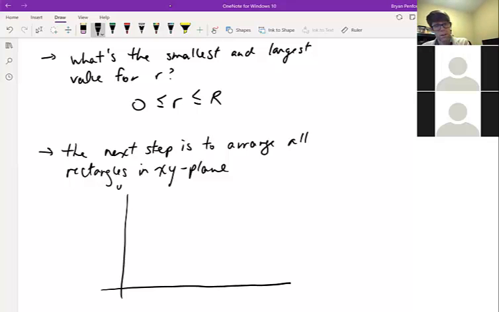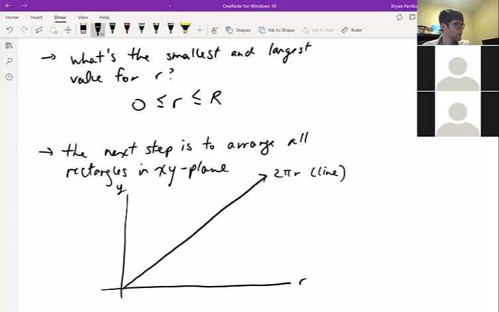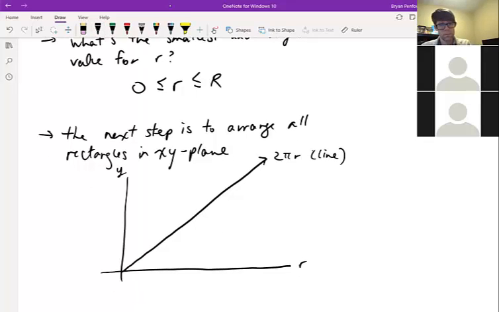All right, so we're just going to draw a nice little XY axis, and we are going to have what they call the 2 pi r line. And let's call this little r.